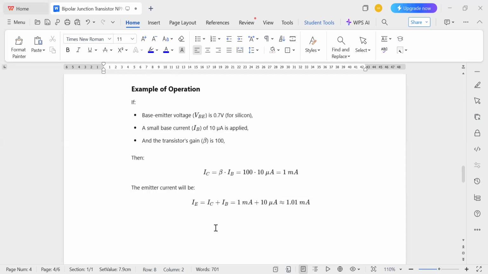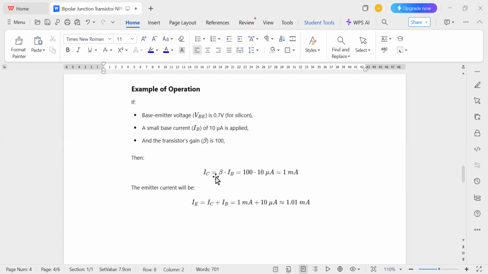When a small current flows into the base of the transistor, it controls a large current flowing from the collector to the emitter. The current gain beta indicates how many times the base current is amplified in the collector current. How much current is amplified in the collector from the base current is represented by the current gain.